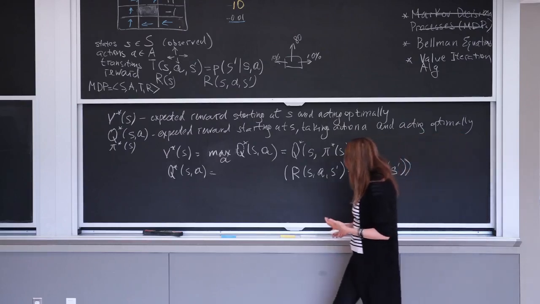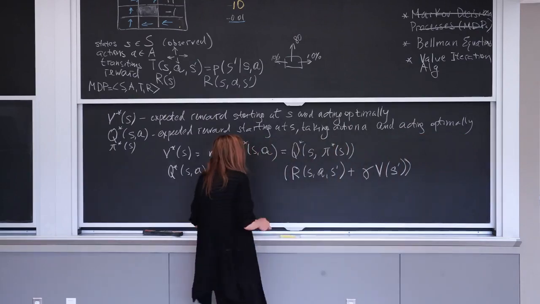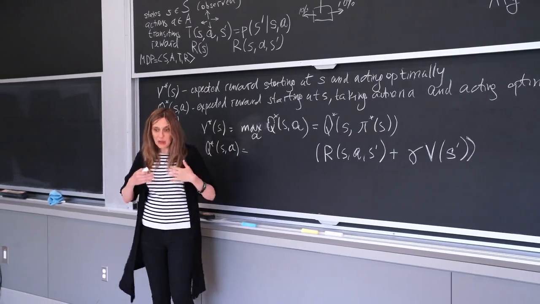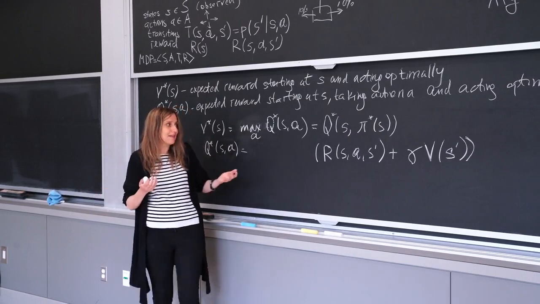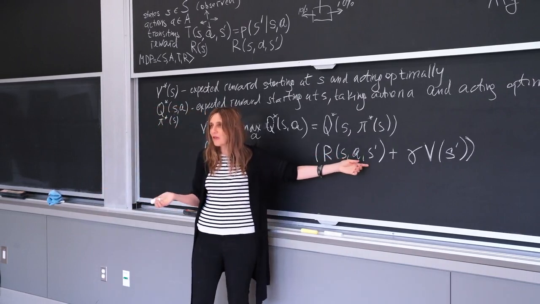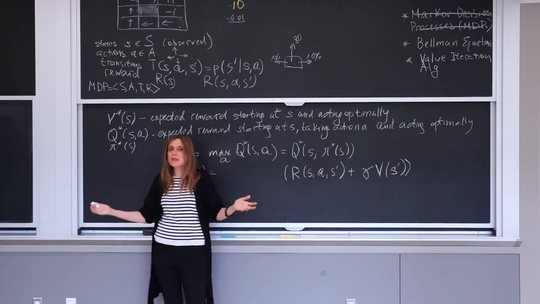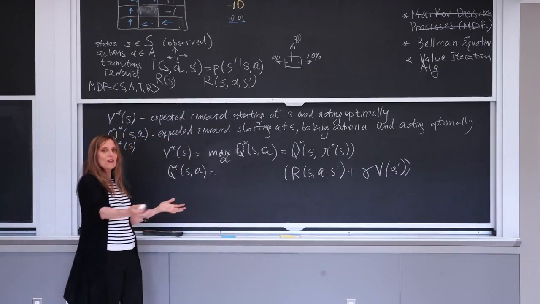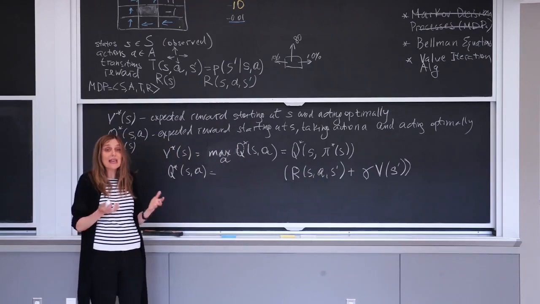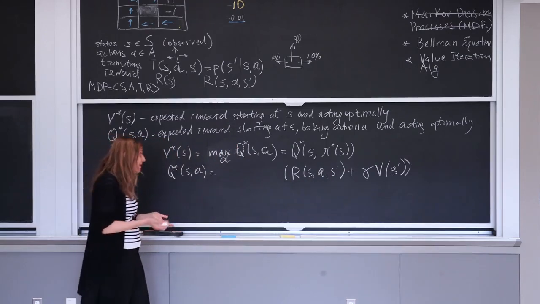Now, the only thing that we need to add is to think that in reality, whenever you're taking your action A from state S, you're not necessarily guaranteed to be in this particular S prime. There are many possible states where you can end up, and you need to average across all these possible states, depending on the probability to end up there.